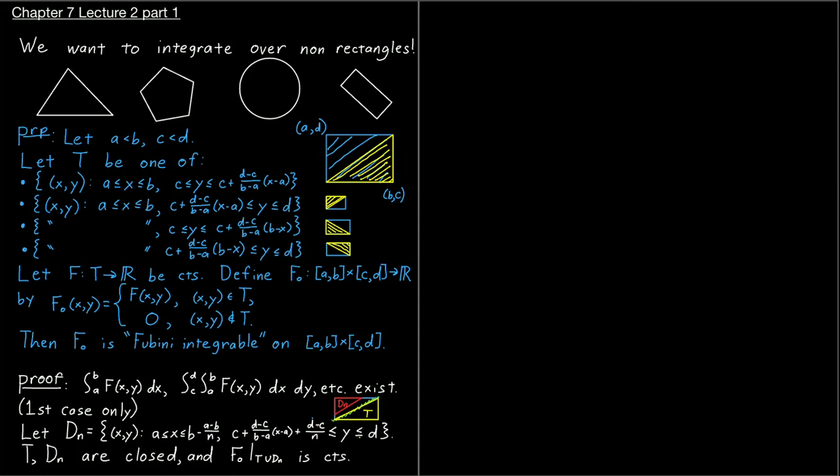And you can prove that with a straightforward epsilon-delta argument, looking at points in Dn and points in T separately, and your delta will just be small enough to separate the two. Now, our triangle T is closed and bounded, and it's in R2.